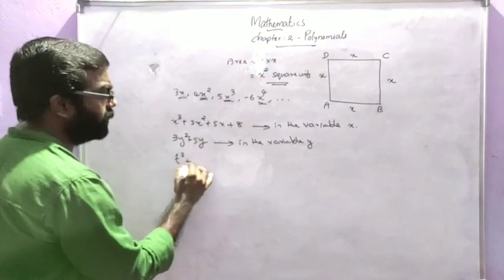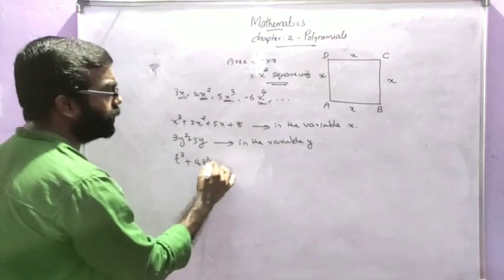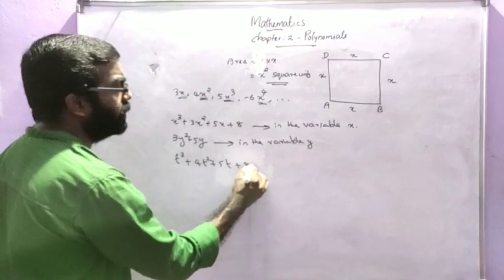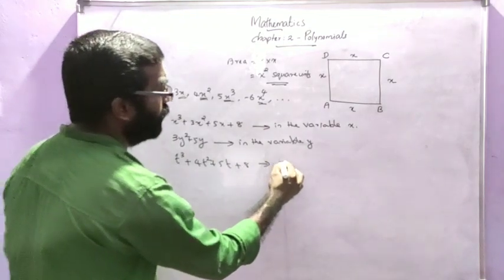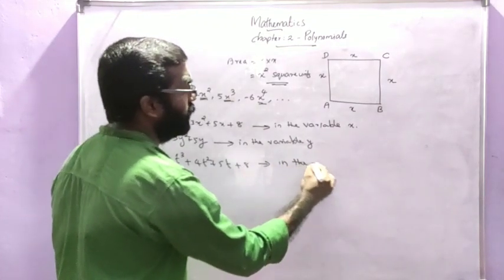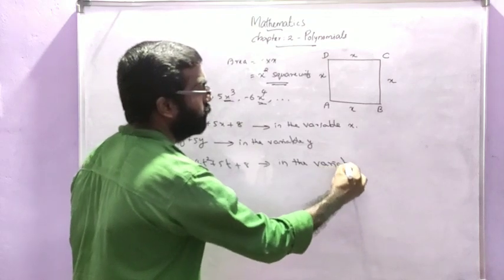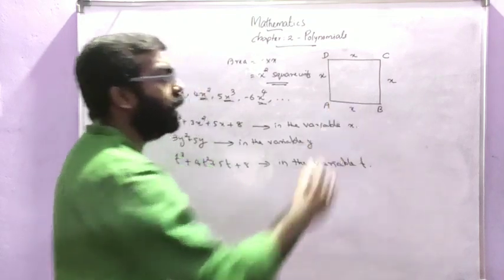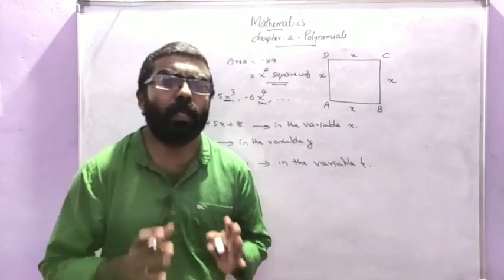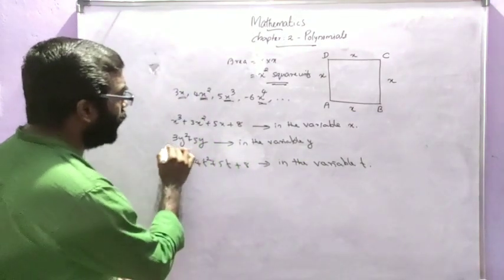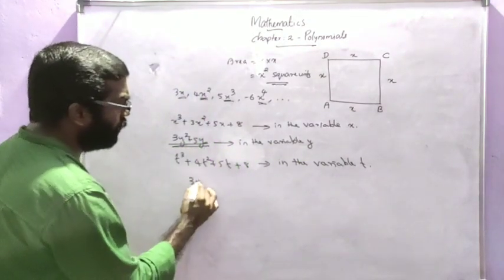And t cube plus 4t square plus 5t plus 8 is a polynomial in the variable t, and so on.